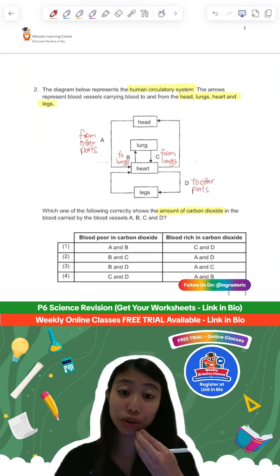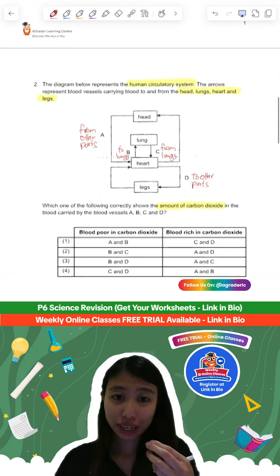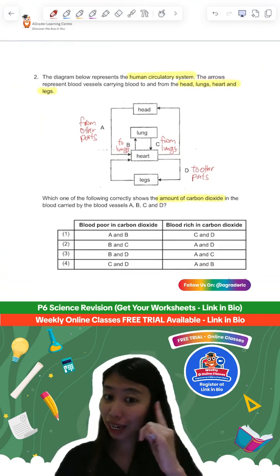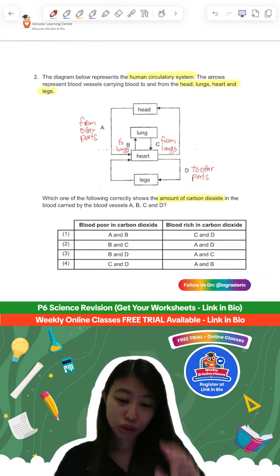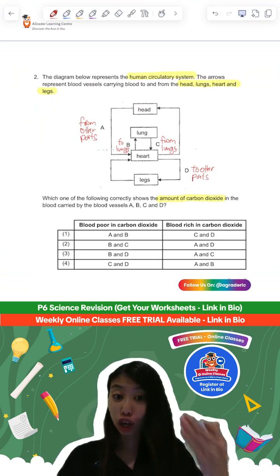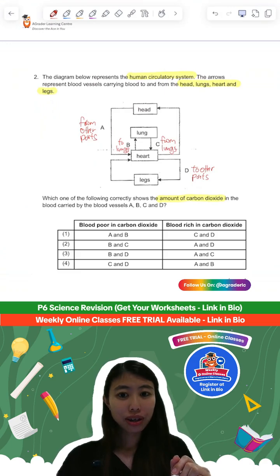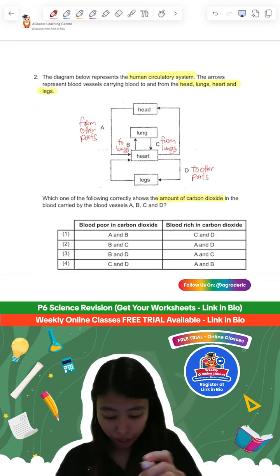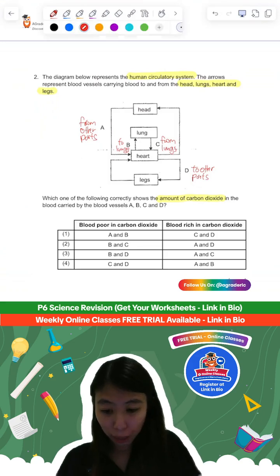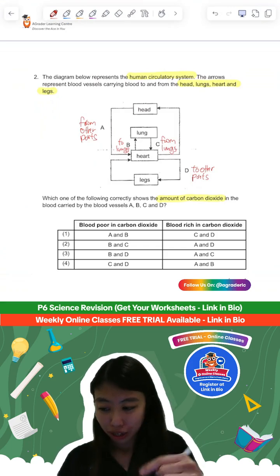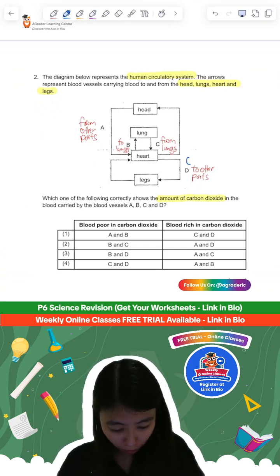Legs or head, we consider as other parts of the body. After you label, you just think logically. Do I want to send a lot of carbon dioxide to the different parts of the body? I wouldn't want to. So the one sending to other parts of the body should be low, poor in carbon dioxide.